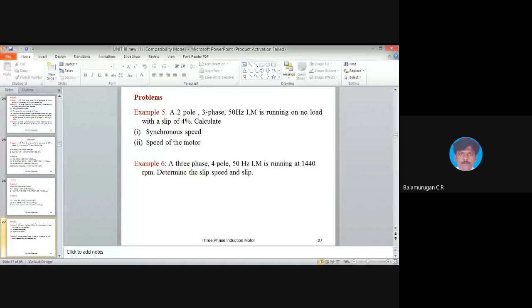Calculate synchronous speed and speed of the motor. You try to solve this problem.